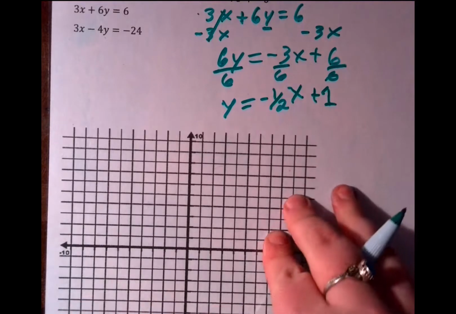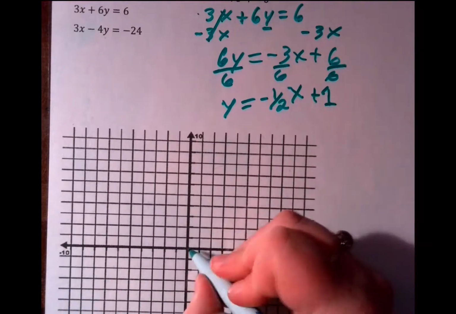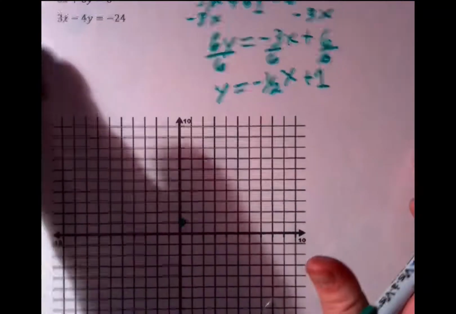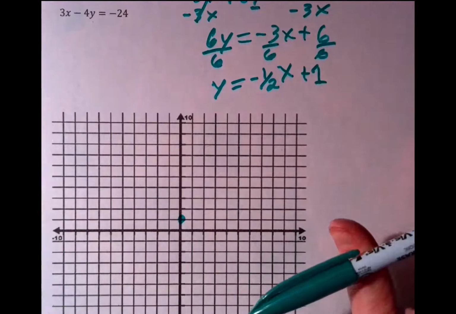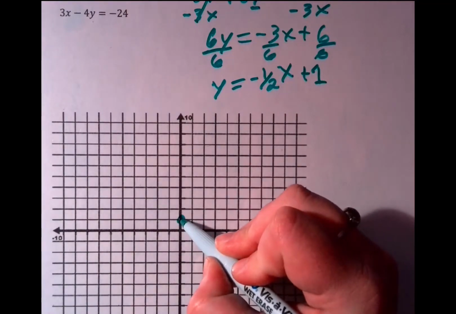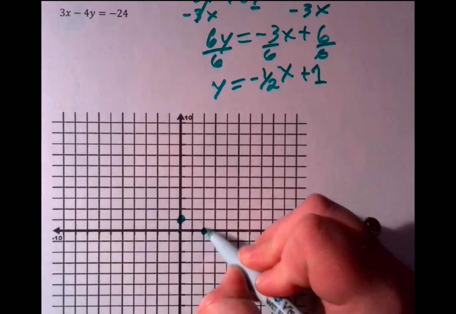So I have that one, so I can graph it. First point at 1. It's our y-intercept. Then we go down 1, right 2.